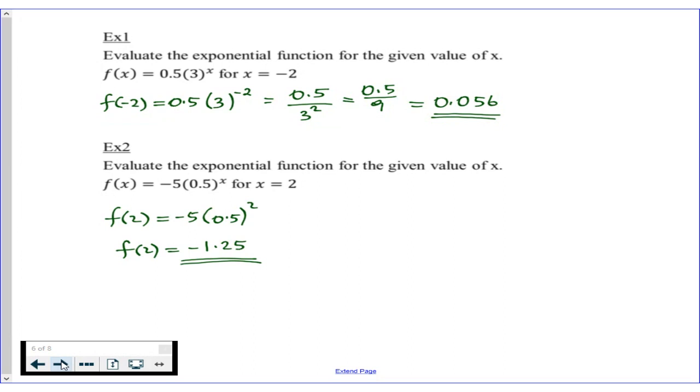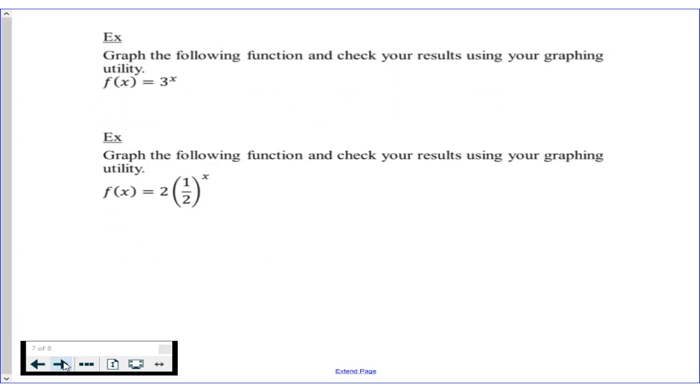We have 2 examples here. Graph the following function and check your result using your graphing utility. In your MyMathLab, you have a graphing utility, or you can use a graphing calculator online, just to check your answer, not to do the work.